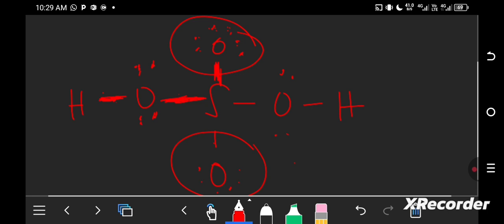Okay, if we count, because to satisfy the octet law, we have 2 electrons there plus 6 electrons which are not involved in bonding. So this is what is giving us the value of 6. Okay, so 1 electron which has been involved in bonding, plus 1, 2, 3, 4, 5, 6 electrons which are not involved in bonding.